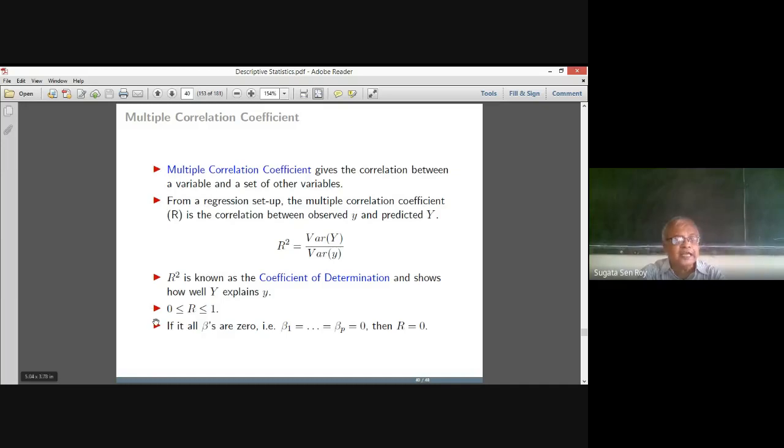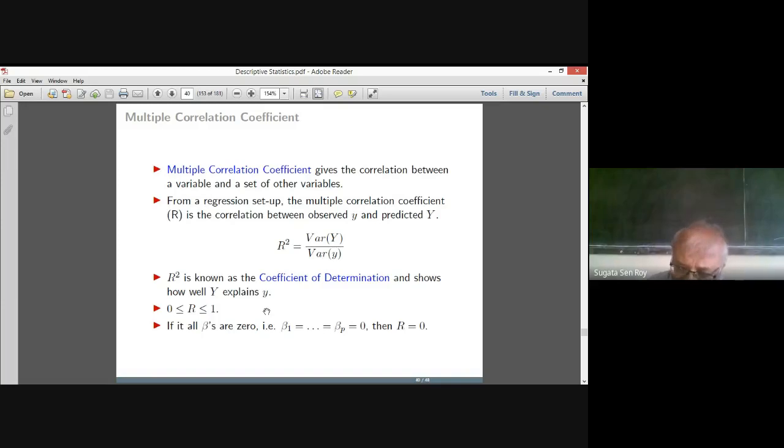Because if it is 0, x's do not explain y, which means that all the betas are 0. That means on the right hand side, the x's do not matter. Whatever the x is, y is going to be whatever it feels like. Okay, so x does not influence the y. Okay, so one other thing is when you look at correlation, it's negative and positive. In this case, I'm saying it's just going to be positive, no negative values. Why? Any guess?